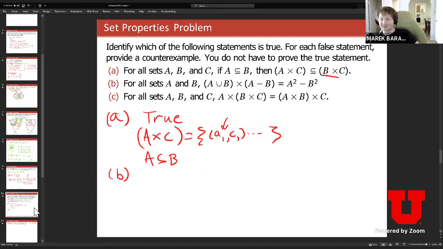So is this true or false? Yep, it's false. That's correct. And does anyone have an example?